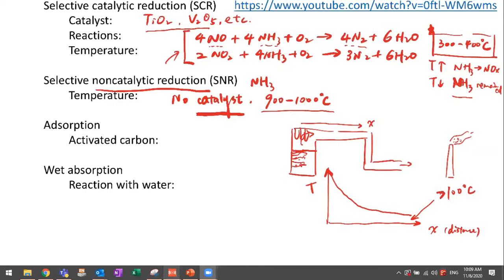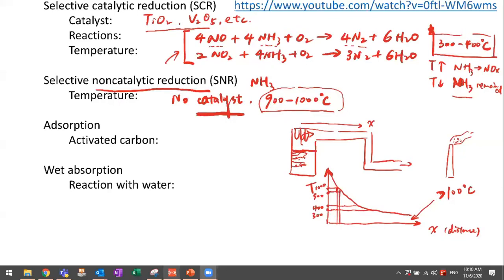So let's say we draw out the temperature windows of 900 to 1000 Celsius and 300 to 400 Celsius. They're going to have the same distance on the y axis. Let's say this is 900 to 1000, and this is 300 to 400. If we draw that out, you can see this.